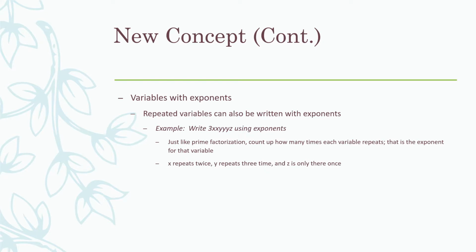So x repeats twice, y repeats 3 times, and z is only there once. So the answer would be 3, which stays the same. There's only one 3. There's 2 x's, so x squared. 3 y's, so y cubed. And then z, you could put a little 1 above z, but that doesn't really mean anything. It just means there's one z, so you don't have to put anything.